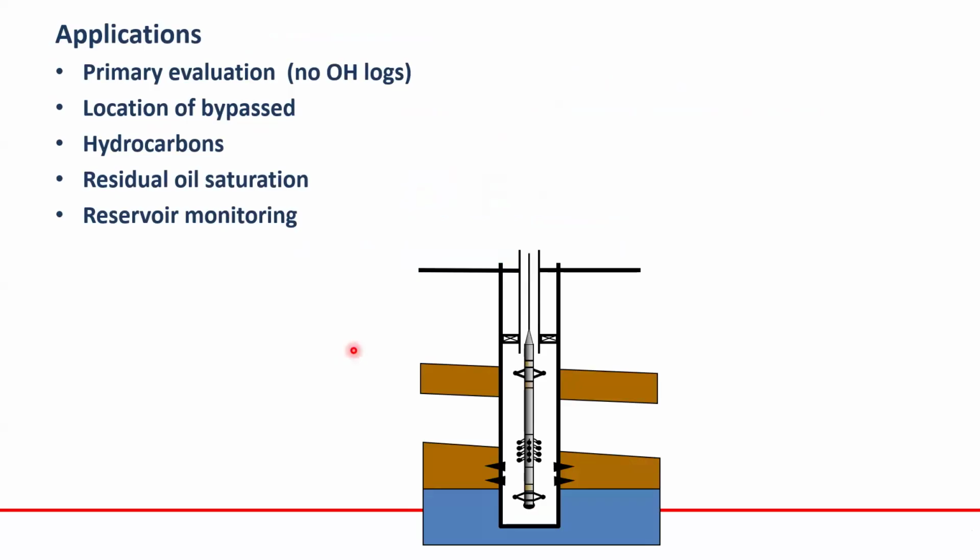If you are producing oil and you expect that there is still some oil in the reservoir, and you want to know if there is still oil or whether you produced it at all, this is called bypassed oil. Also for bypassed hydrocarbon, residual oil saturation, and reservoir monitoring.